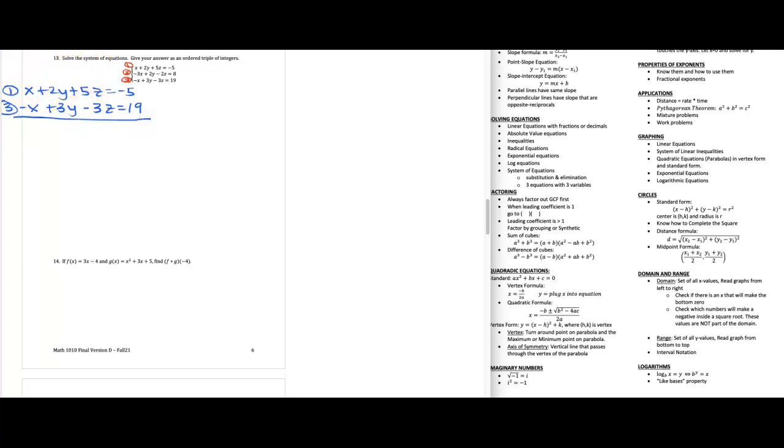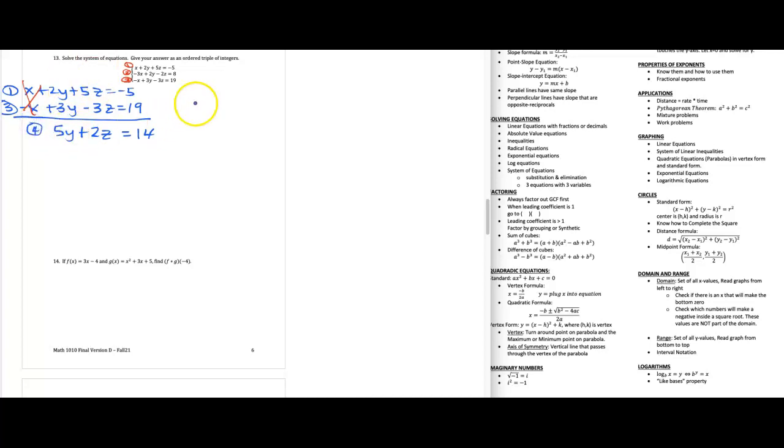All right, so my x's eliminate, which is what I was trying to have happen. Then when I add the rest together, I have 5y plus 2z equals 14. I'm going to call this equation 4.